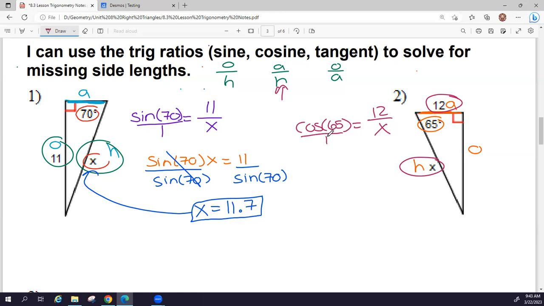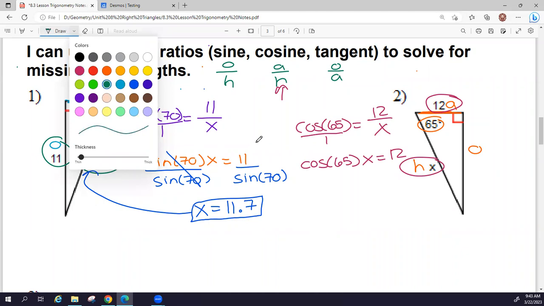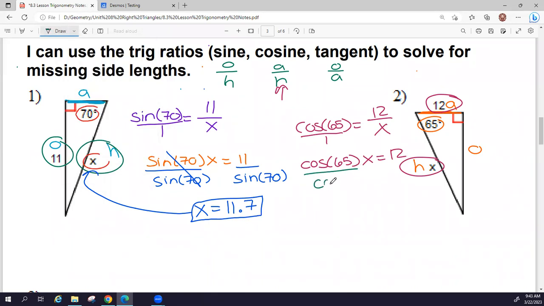We're going to make this into a fraction by dividing it by 1, and we're going to cross multiply. So cosine 65 times x, we just write them next to each other. 12 times 1 is 12. Again, cosine 65 is just a number, so we can divide by it on both sides. Sorry for the messiness. That cancels there.